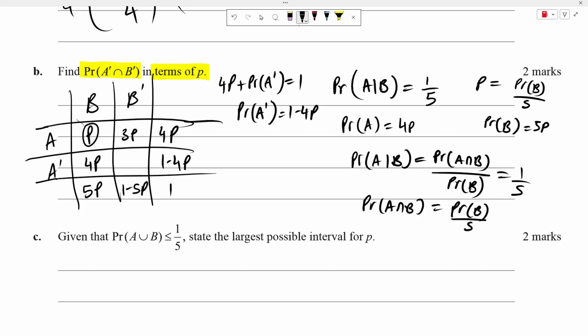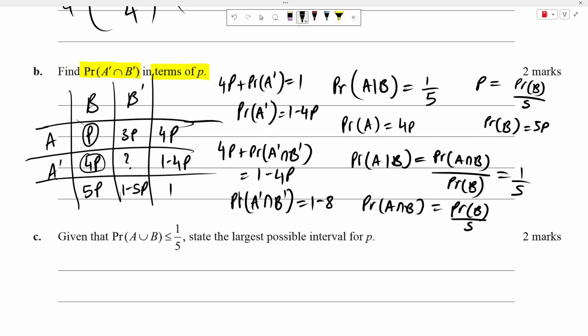Now the next thing we know is that 4p plus whatever's in this box has to equal 1 minus 4p. So 4p plus the probability of A complement intersection B complement has to equal 1 minus 4p. Now subtracting 4p from both sides will give us the probability of A complement intersection B complement is 1 minus 8p.